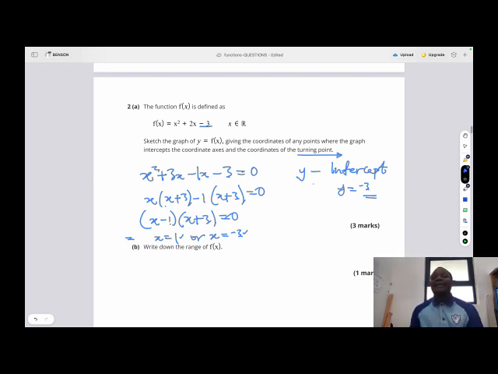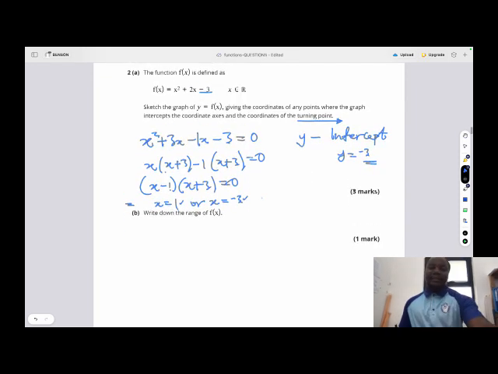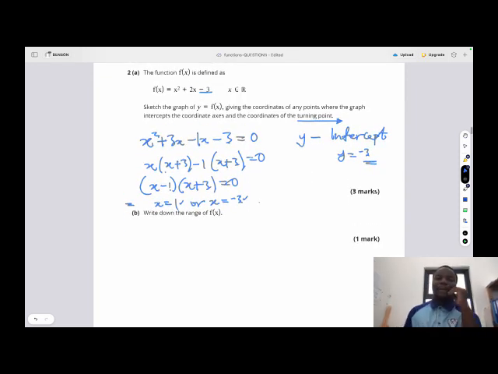When we did IGCSE mathematics, we said that to find the turning point of a quadratic equation, we must be able to complete the square. Those of you who've forgotten the completing the square method, you can scroll down or up, whichever, to watch what completing the square is.